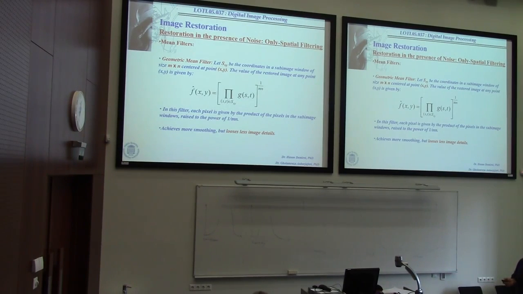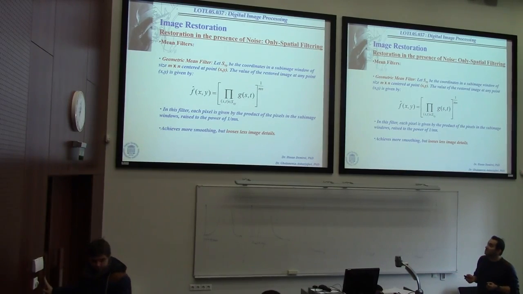Another filter that we can use in the category of the mean filters is the geometric mean filter. You can restore the image by using this equation. It's the restored image, not the exact original image. We can use the multiplication of g(s,t). This is the filter that we use for noise reduction.